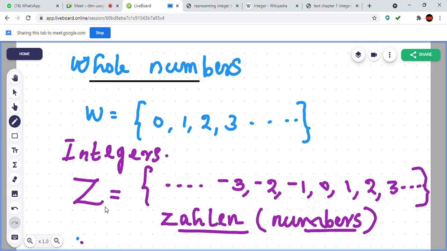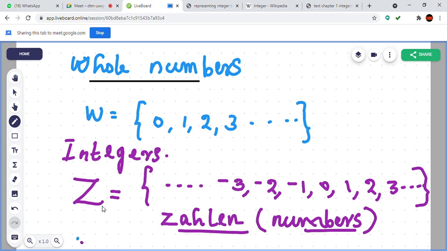Now if we add 0 along with the natural numbers, that are known as whole numbers. That means the whole numbers start from 0. 0, 1, 2, 3, etc. are known as whole numbers. Okay, the next one is integers. Integers means the collection of the whole numbers and their negatives.